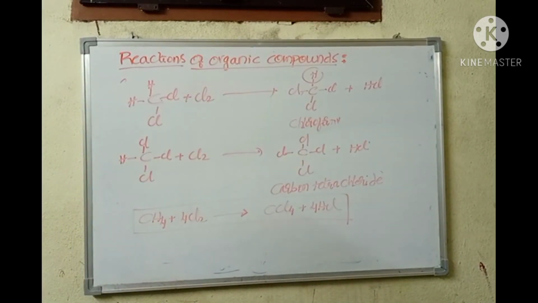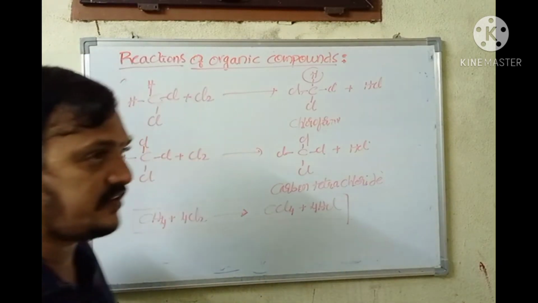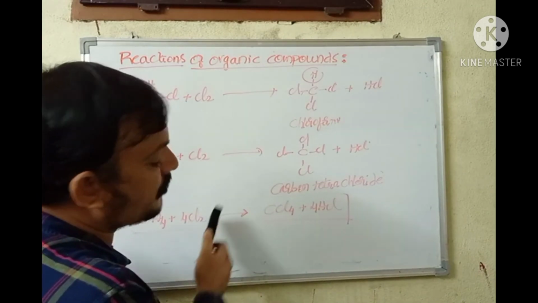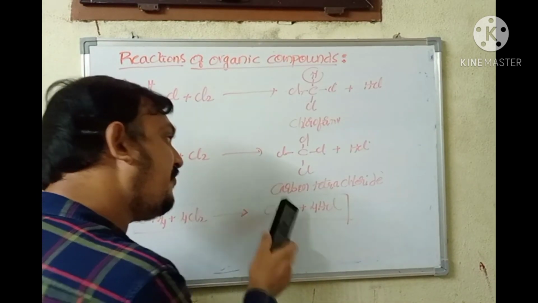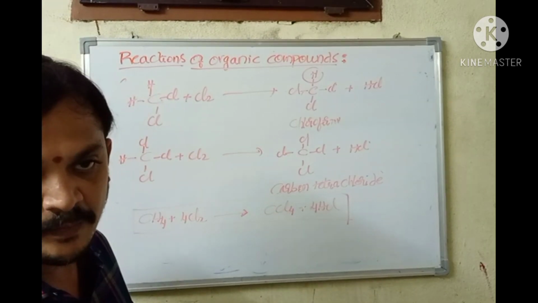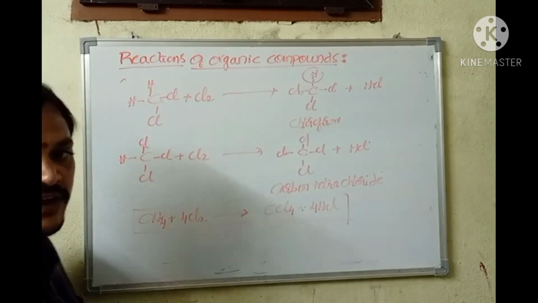That's the complete reaction. That means for 1 mole of methane, if it is furnished with 4 moles of chlorine gas in presence of sunlight, the final products obtained are CCl4 and 4HCl. If the quantity of chlorine varies, products may vary as discussed above.